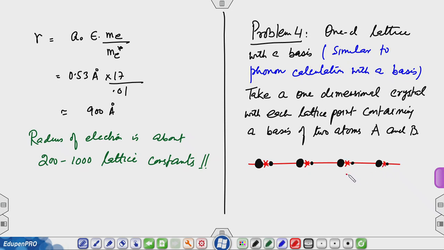The distance between the two lattice points is r.